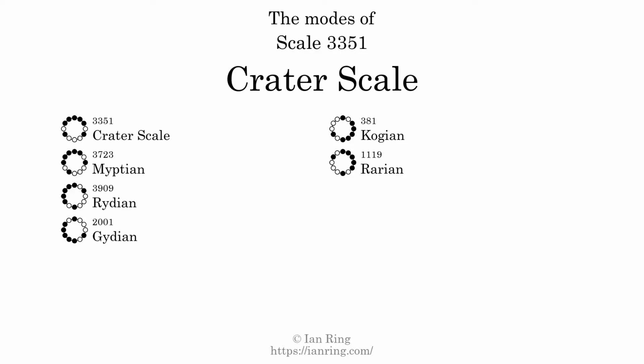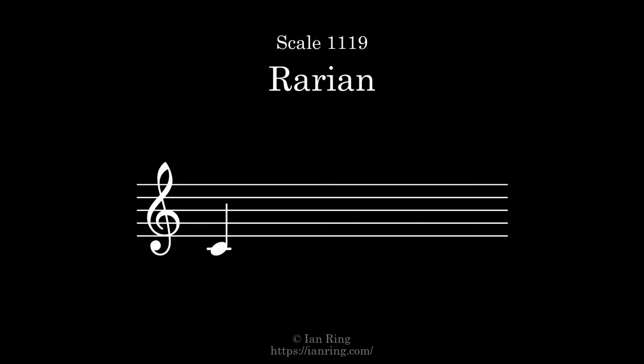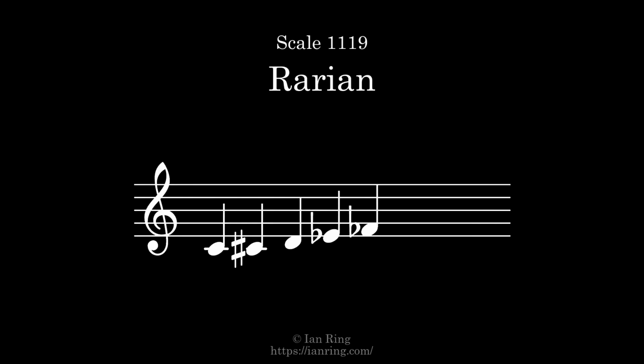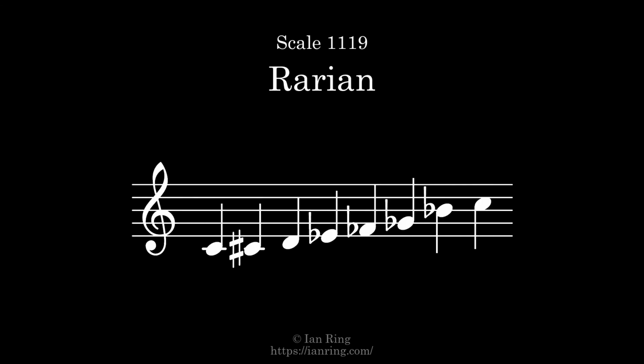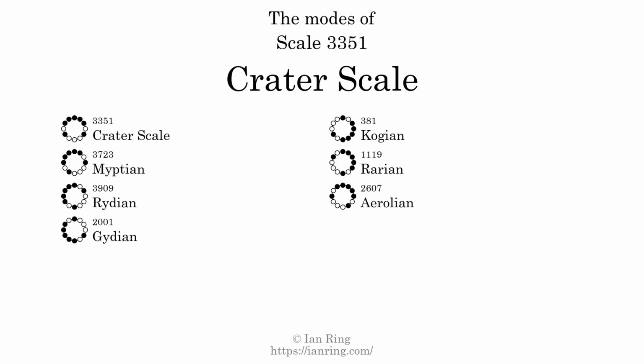The sixth mode is scale 1119, also known as Rydian. It sounds like this. The seventh and last mode is scale 2607, also known as Aurelian. It sounds like this.